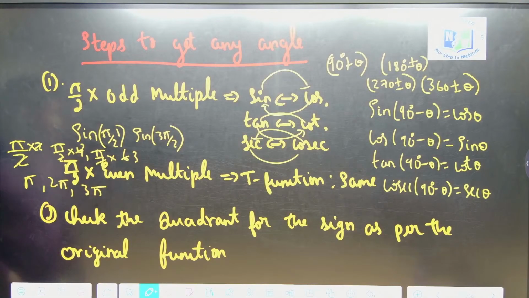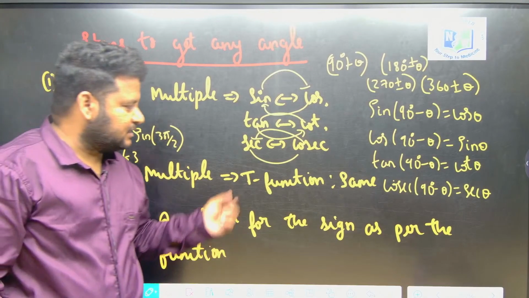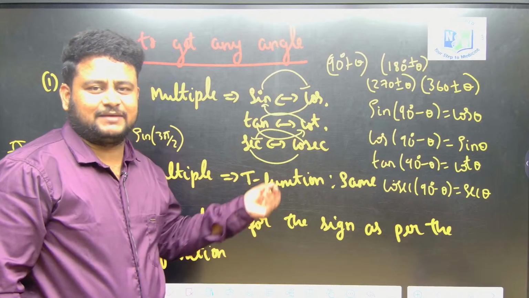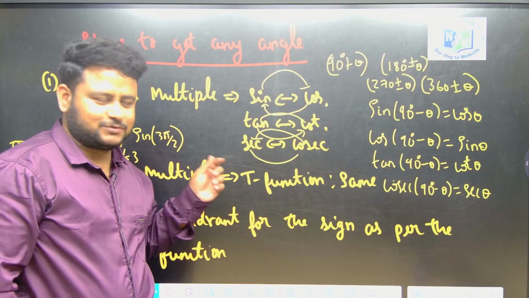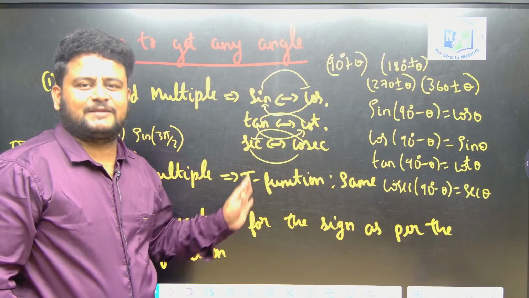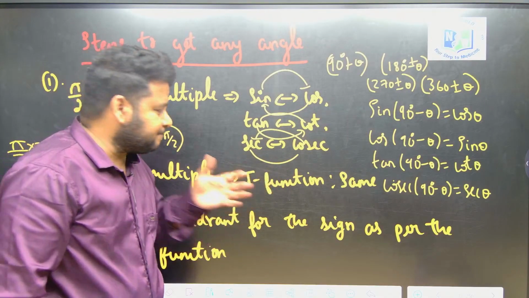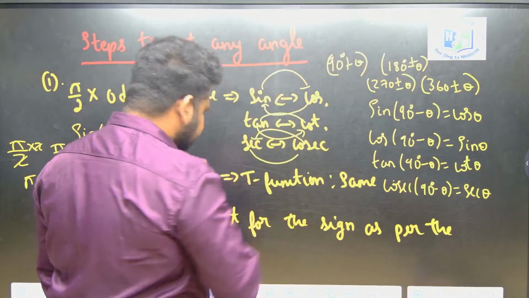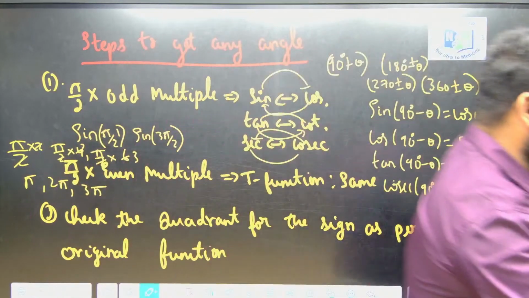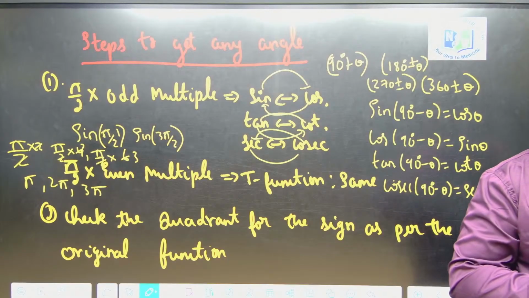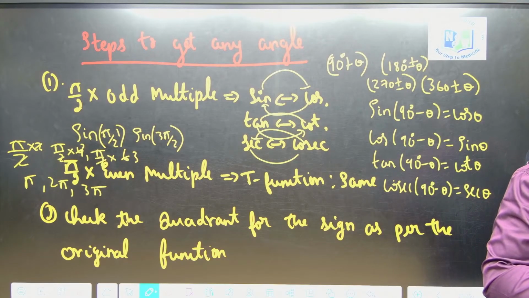If it is like this, the trigonometric functions will remain the same. Sine will remain sine, cos will remain cos, tan will remain tan, cot will remain cot, cosecant will remain cosecant, and secant will remain secant. This is the case when you have pi by 2 into an even multiple.